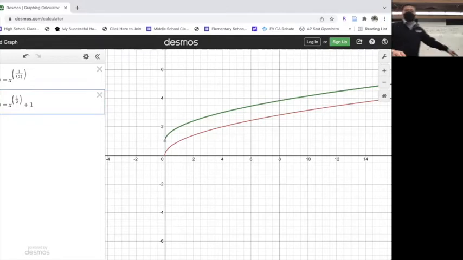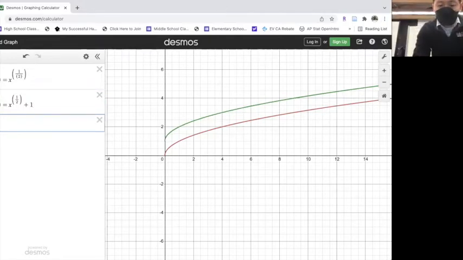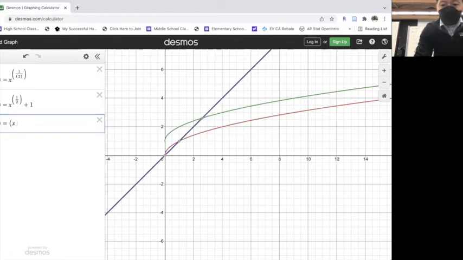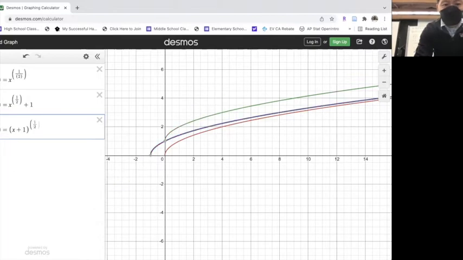And then if you do the next one, f of x equal to parenthesis x plus 1 to the power of 1/2, right?